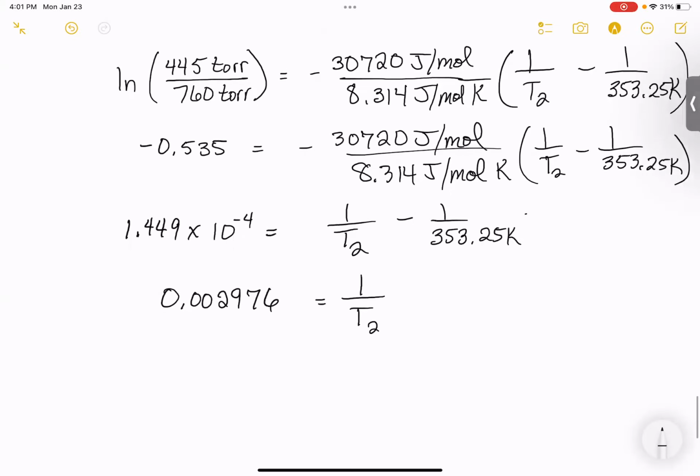And now what I would do is use my inverse button, which is x to the minus 1, on that number. And it gives me a value of T2 equals 336.05 Kelvin.